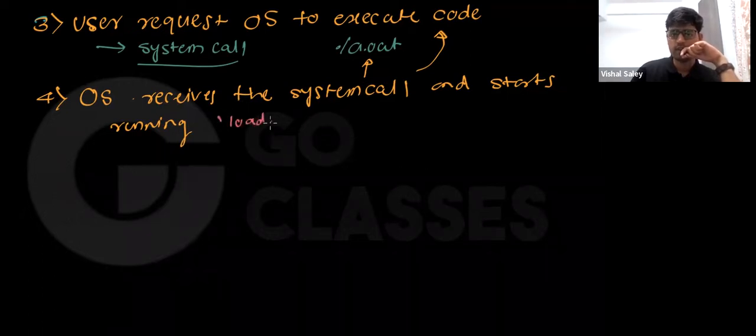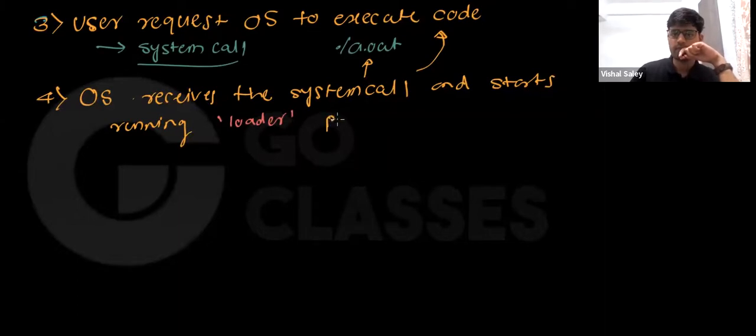So the loader program or loader code, whatever, right? There is a special function in the operating system which is called the loader function. Is this understood? Now let's move forward. Okay.